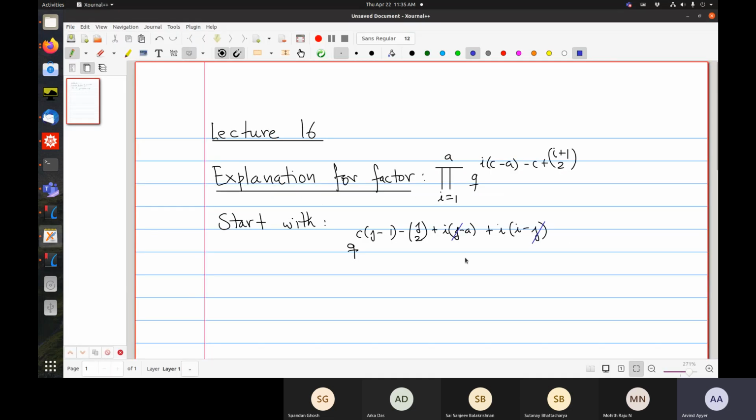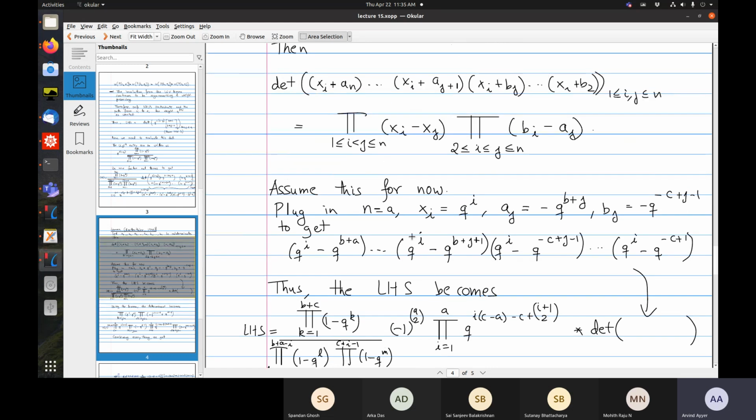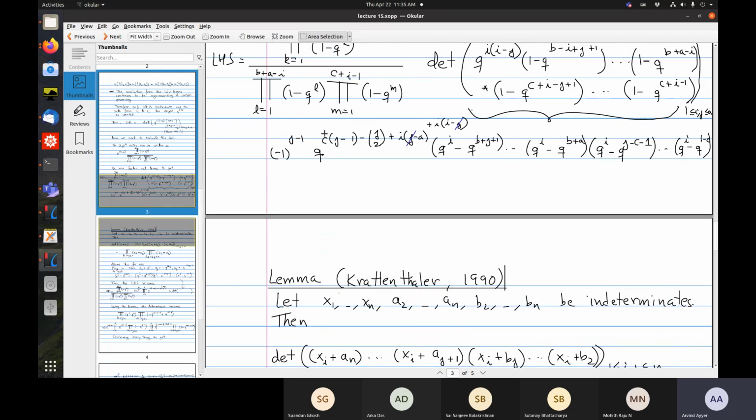So let me go back there. For each column we have removed these factors, and from the rows we have removed these factors.